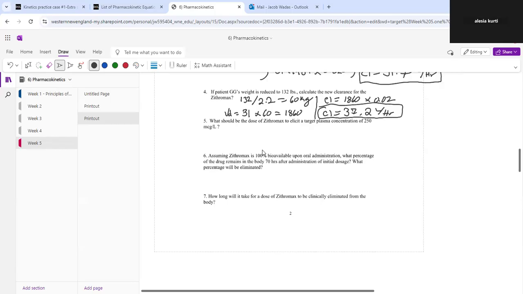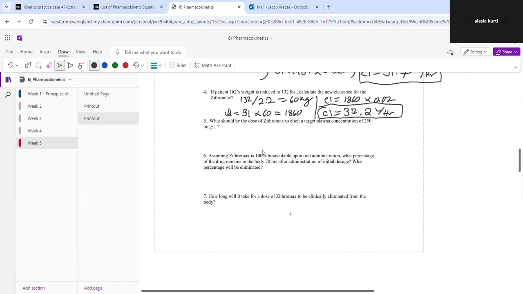How do you decide? Because it's an injection, it probably said in an earlier question. It's Zithromax. This is just like a one-time dose.